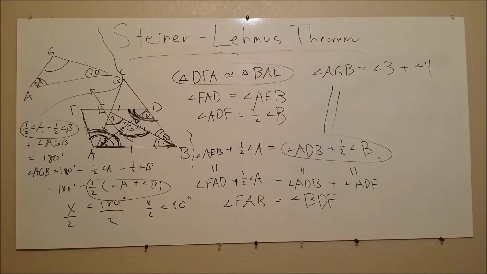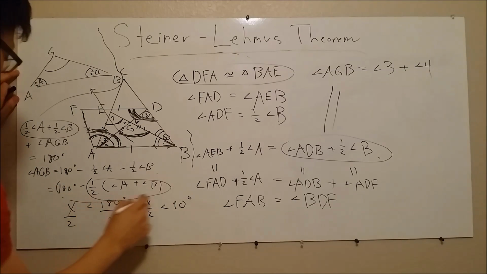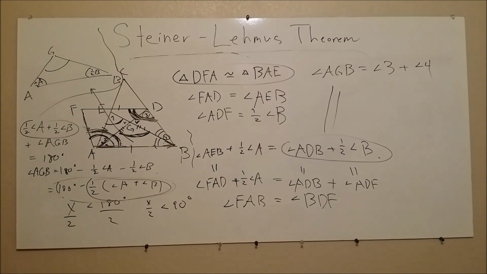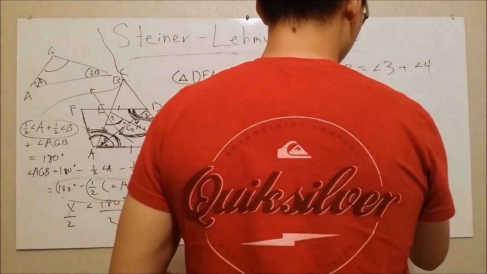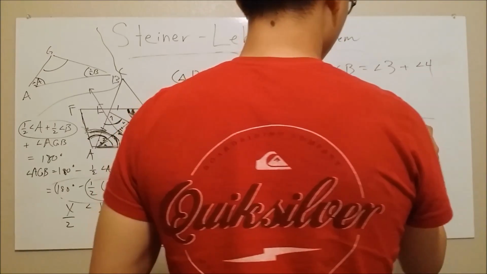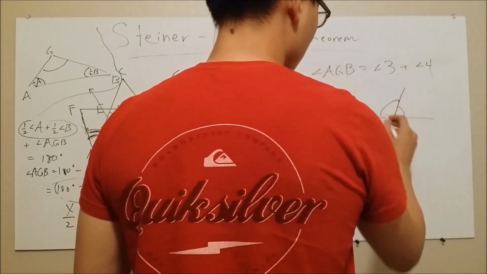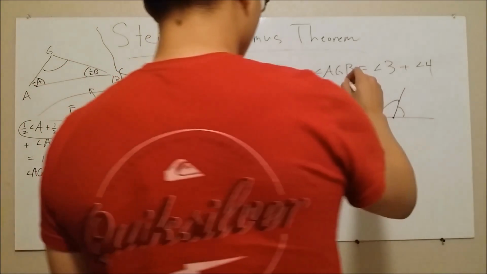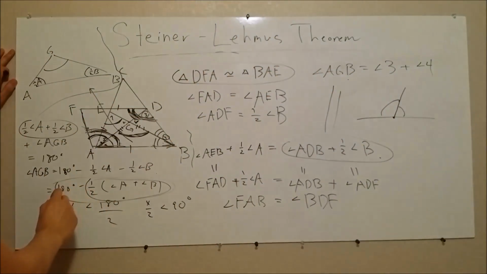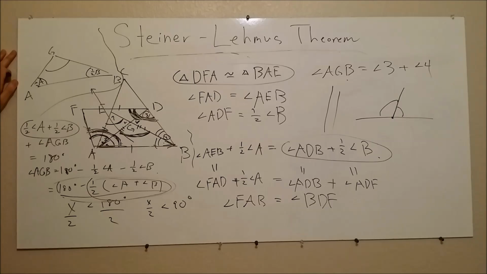That adds up to an acute angle, which means that this entire thing right here must be an obtuse angle. Since if you have a straight angle right here, and an acute angle right here, the remaining must be an obtuse angle. So therefore, angle AGB, which is represented in this expression right here, must be obtuse.